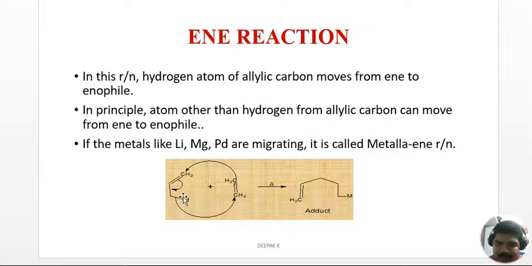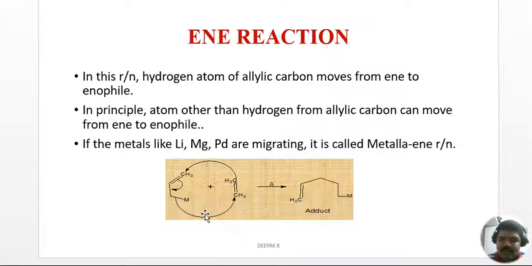Look at this reaction. You have a metal M attached to this allylic carbon. This one will also undergo the reaction just like the Ene reaction. So here the metal will be transferred from ene to enophile, thereby rupturing this bond and migration of this bond. And this reaction is known as the metalla-Ene reaction, which involves the metal. That's why it is known as the metalla-Ene reaction.